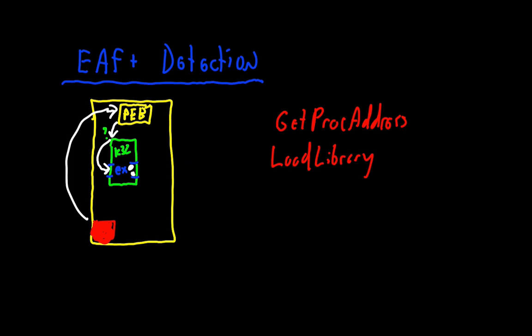One option is to set a hardware breakpoint on certain pages that might get read as part of this process. And what happens is when we read any of this memory, an interrupt gets fired. And that passes control to the security product that set the hardware breakpoint.